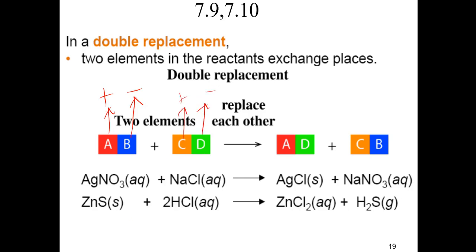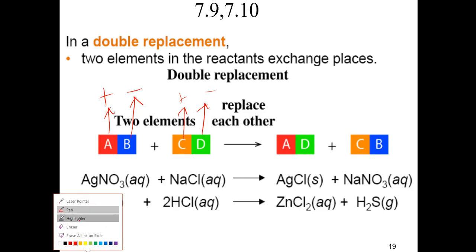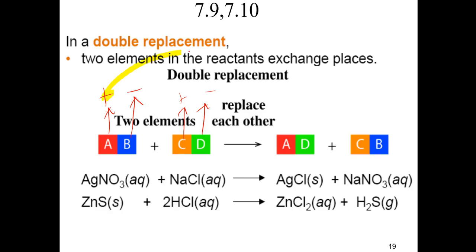So when it swaps, the positive goes with the other negative, and then the other positive goes with the other negative.